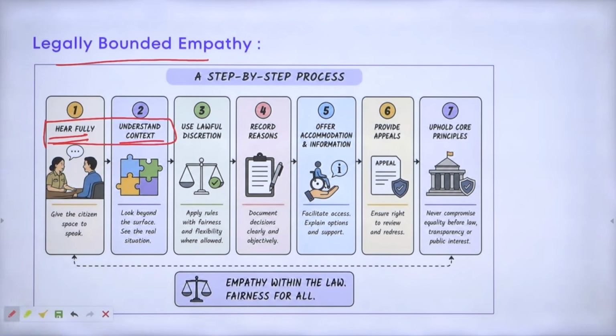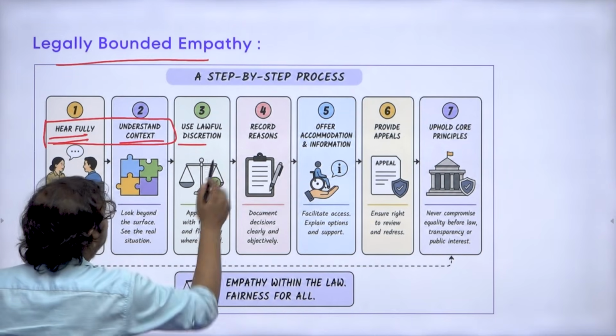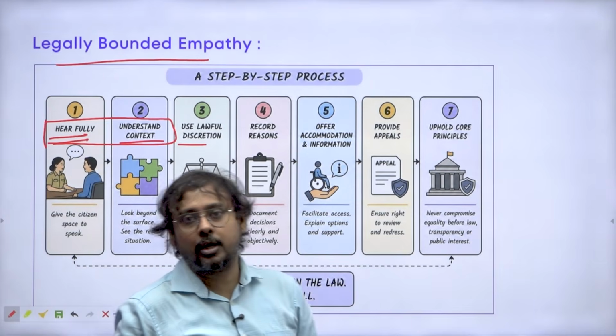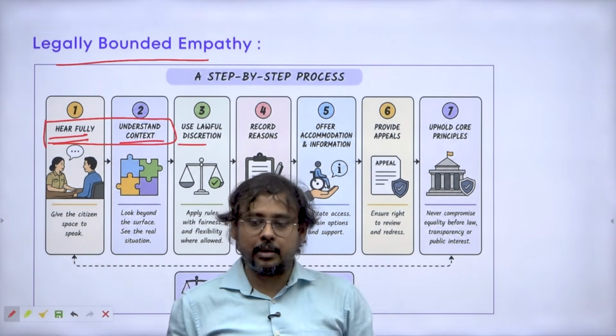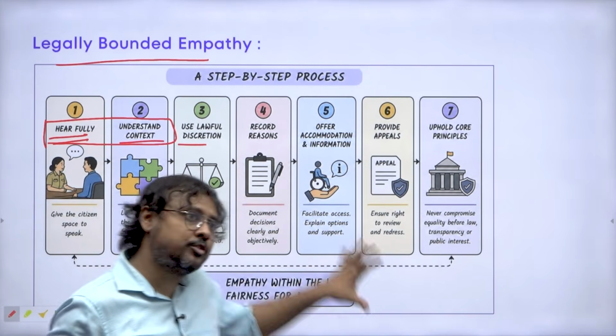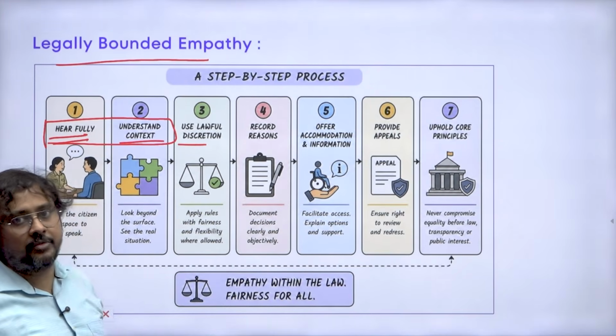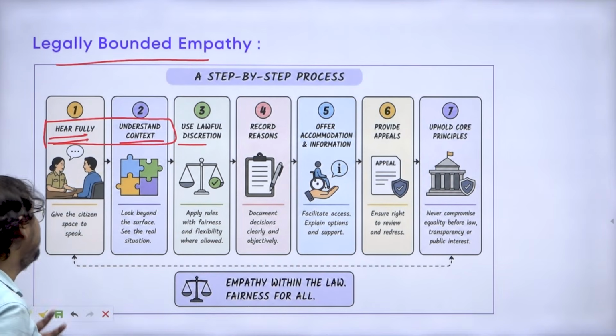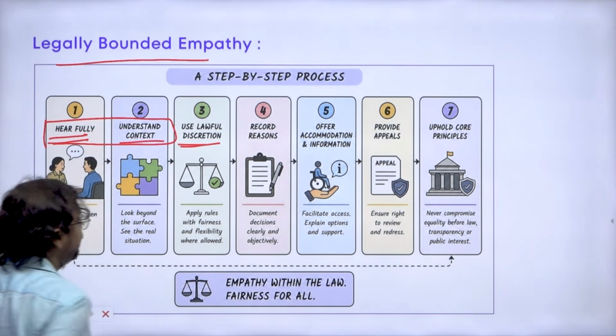Then the third step is to use lawful discretion. Again, it's another of Lord Buddha's paths, the path of right intention. Once you have understood the problem, not a superficial or surface level problem, but you went to the source of the problem, then use lawful discretion.